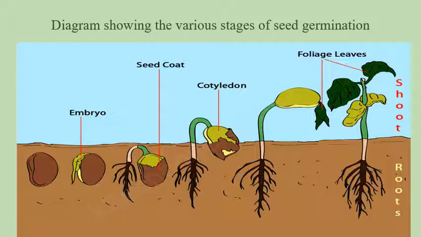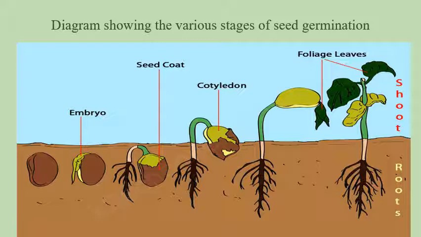In the next stage, the seed coat breaks open. When the seed coat breaks open, the radicle, that is the baby root, starts growing downwards towards gravity. So please note that the radicle will start growing before the plumule.